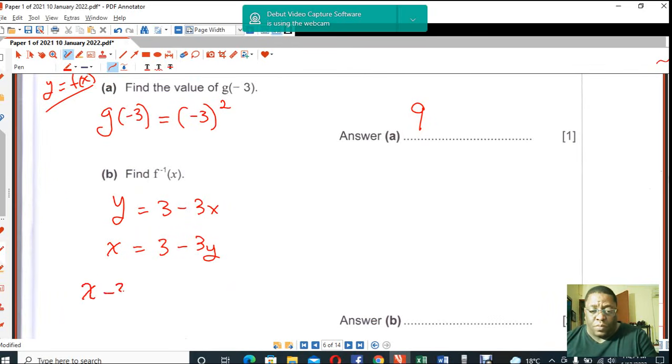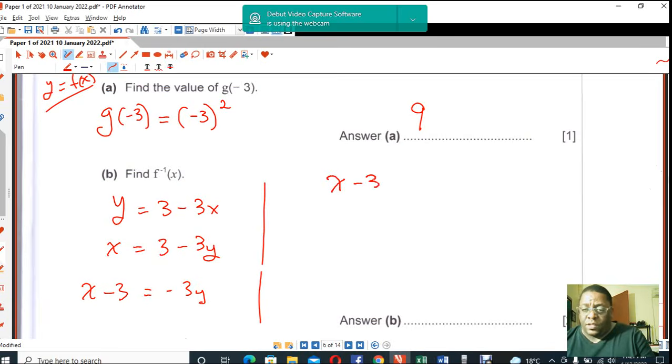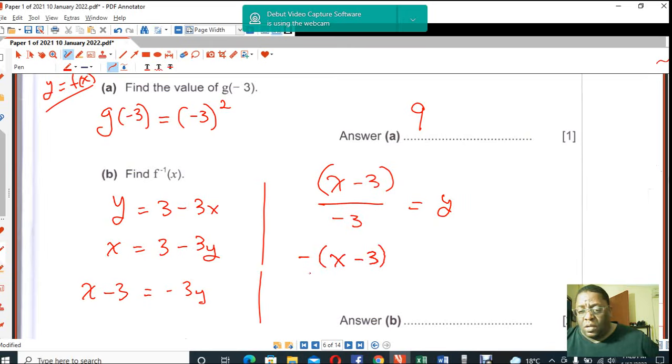So x should be minus 3 because in the original formula x was a positive 3 here. So x minus 3 equals minus 3y. And when you make y the subject, then you have x minus 3, I'm going to put it in brackets, divided by minus 3, which gives you y. Pretty much done here. But I'm going to do something special. I'm going to put that minus 1 over there.